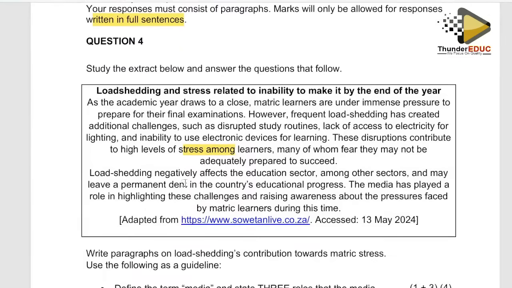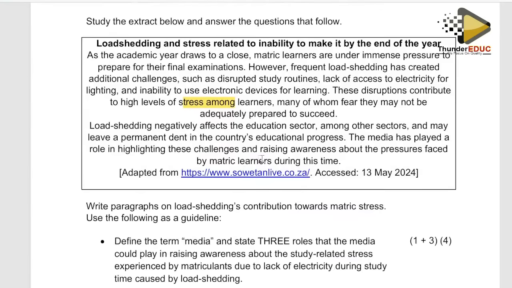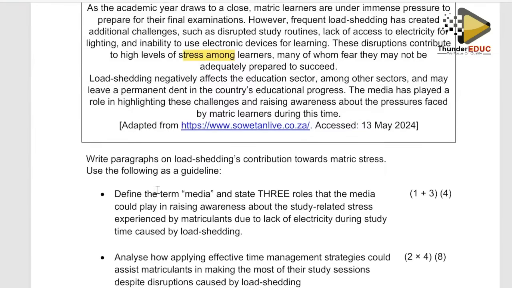Load shedding negatively affects the education sector, amongst other sectors, and may have a permanent dent in the country's educational progress. The media has played a role in highlighting these challenges and raising awareness about the pressures faced by matric learners during this time. This was adapted from www.sowetanlive.co.za.